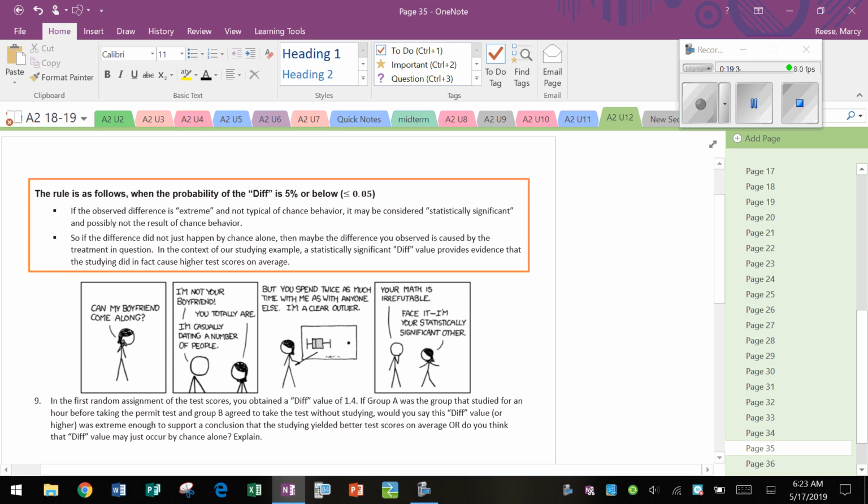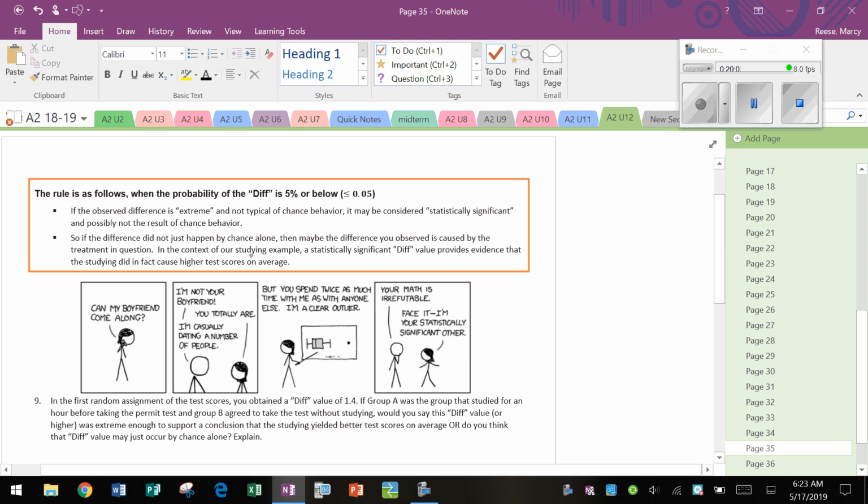Okay, so to summarize on the very back page, and I'm going to leave 9 for us to do another time. It says the rule is as follows. When the possibility of a difference is 5% or below, it is observed difference is extreme and not typical of chance behavior. It may be considered statistically significant and possibly not the result of chance behavior. So if the difference did not just happen by chance alone, then maybe the difference you observed is caused by treatment and by the treatment group.